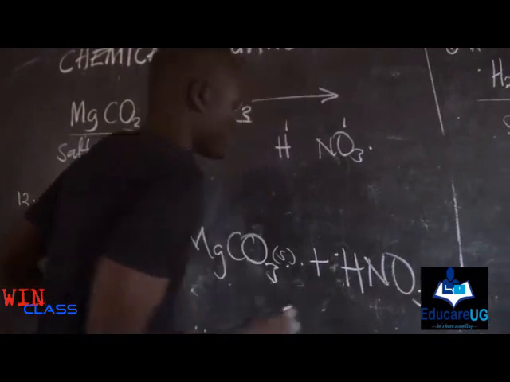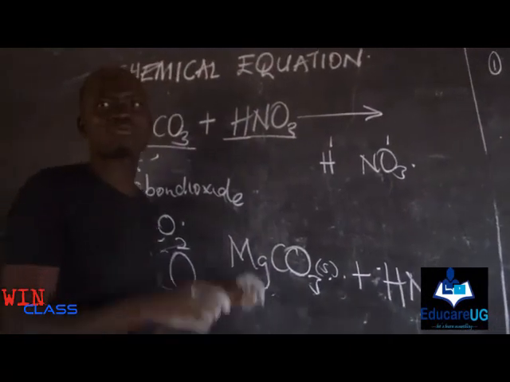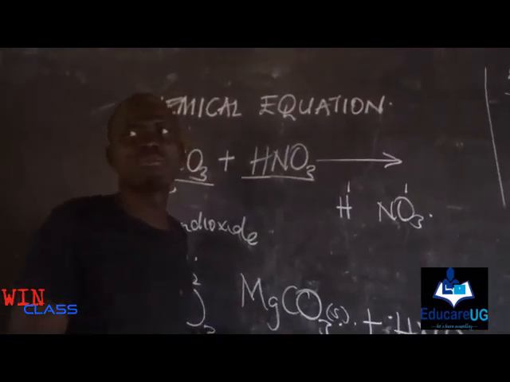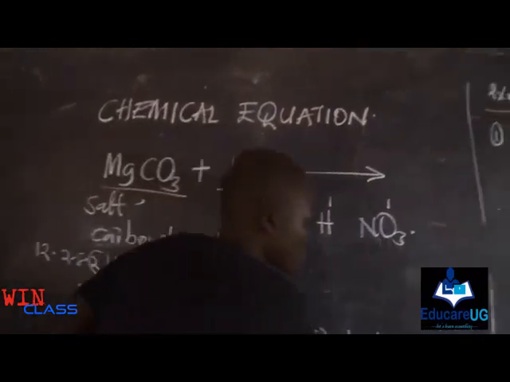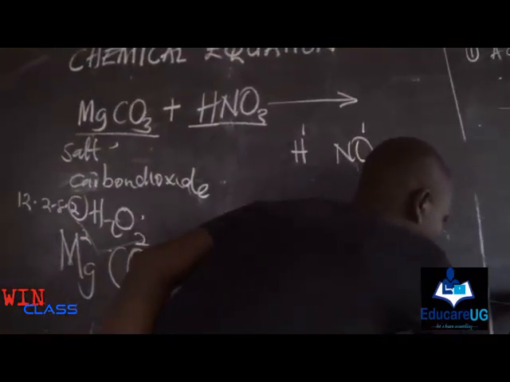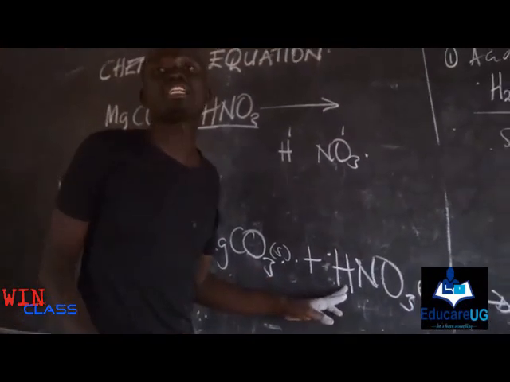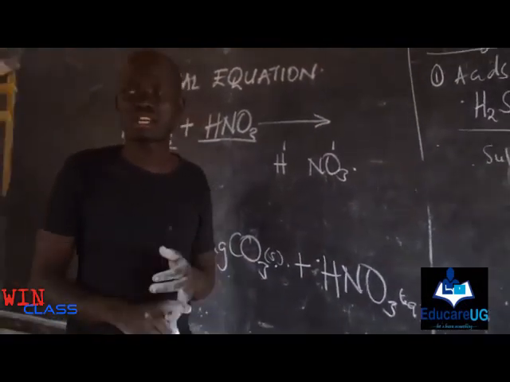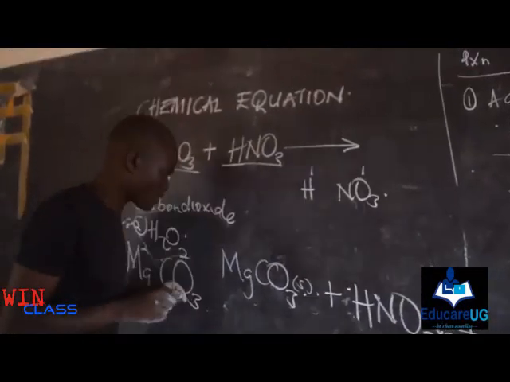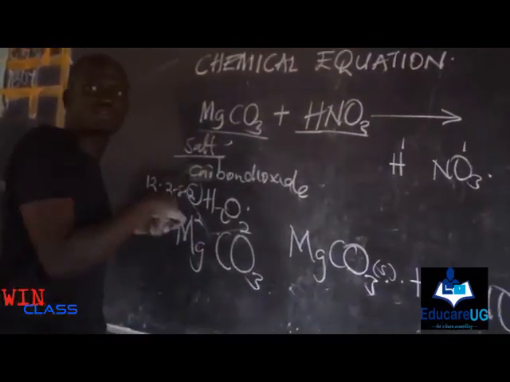So the student has first of all written the chemical formulas of the reactants before going on to what is formed. In theory, carbonates react with acids to generate salt, water, and carbon dioxide. Now, the tough one is salt. How does he know what a salt is?